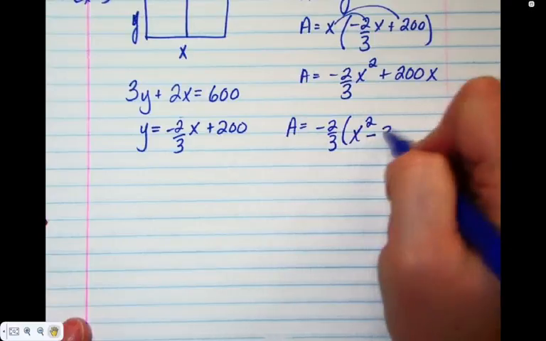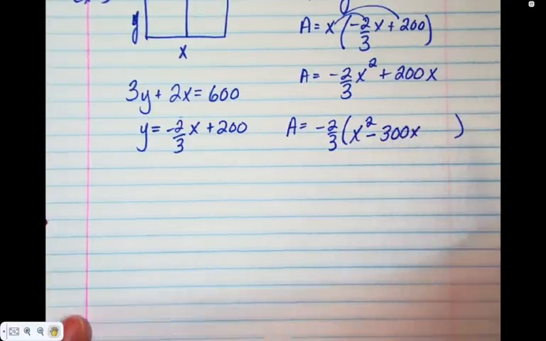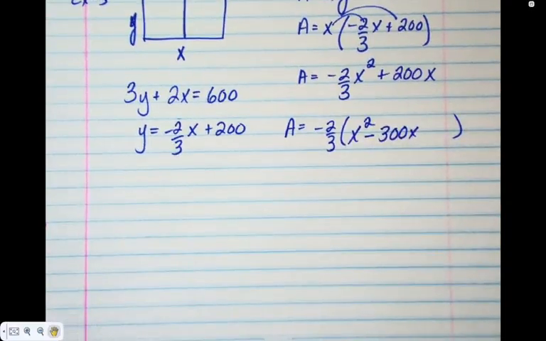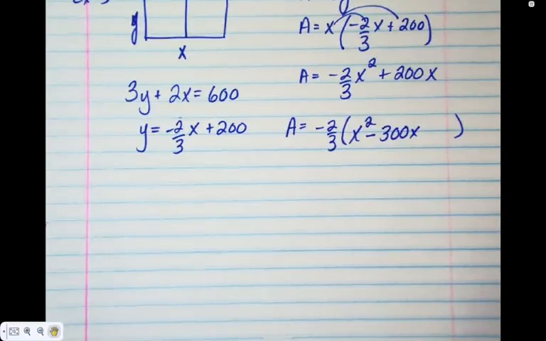Yeah, 300. Negative 200. That sounds confirmed. 200 over 1 times 3 over 2 is 600. Because when you divide by fractions, I told you that you have to multiply.